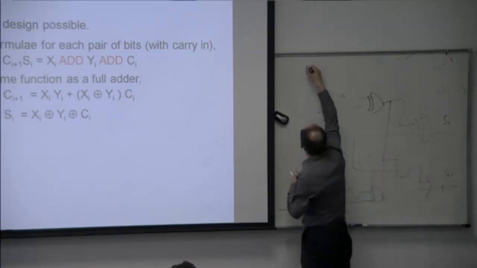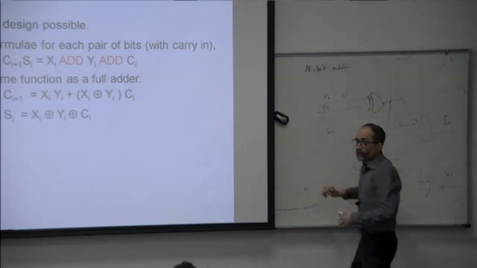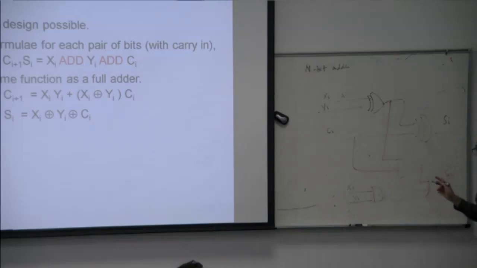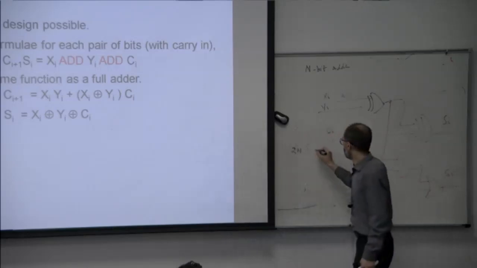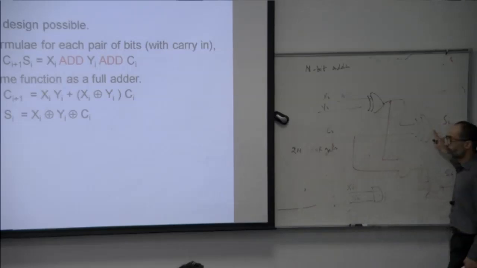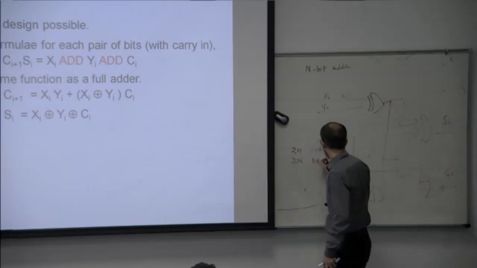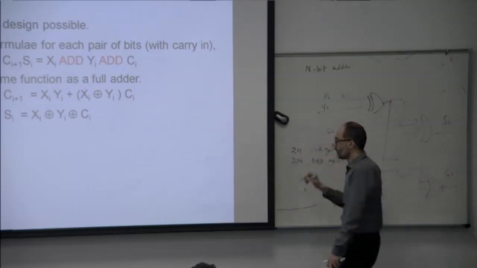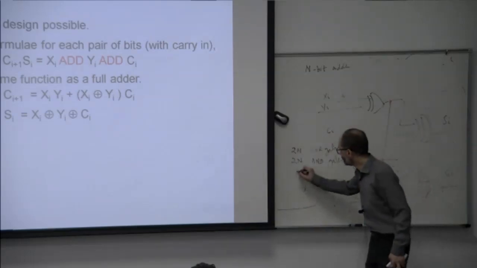If we want an n-bit ripple carry adder, we need 2n exclusive OR gates, 2n AND gates, and how many OR gates? n.